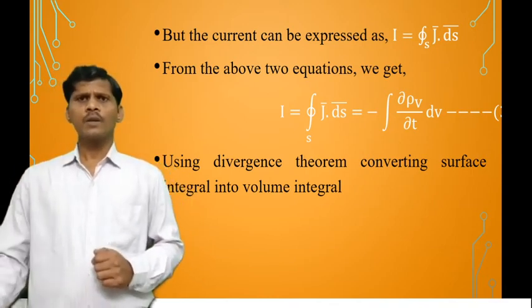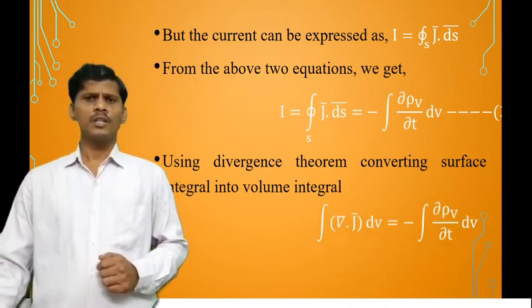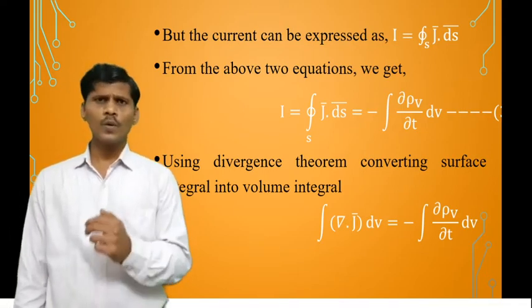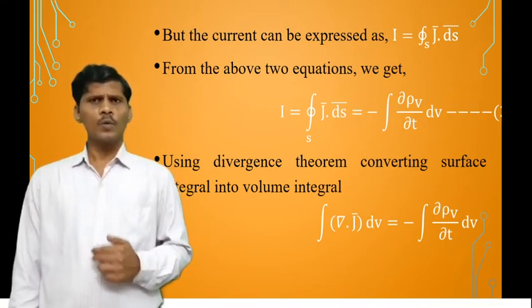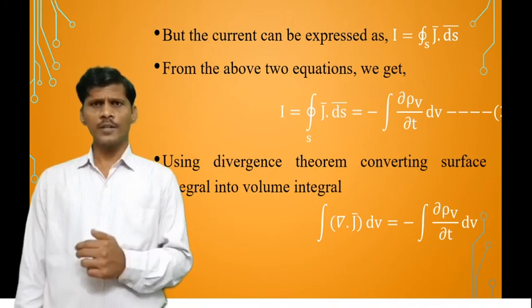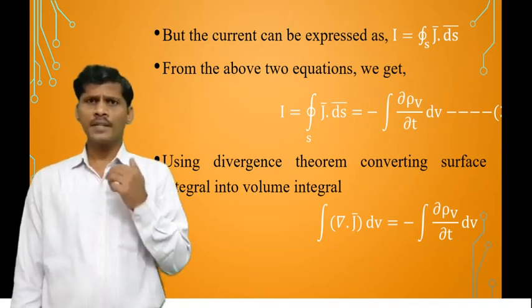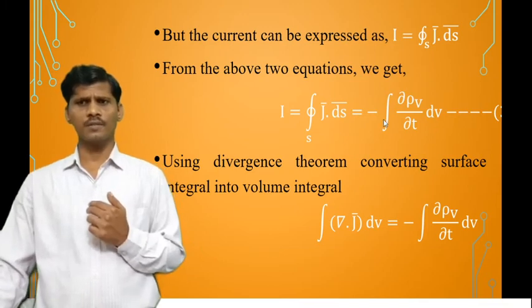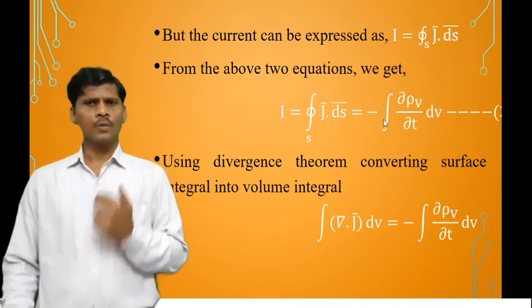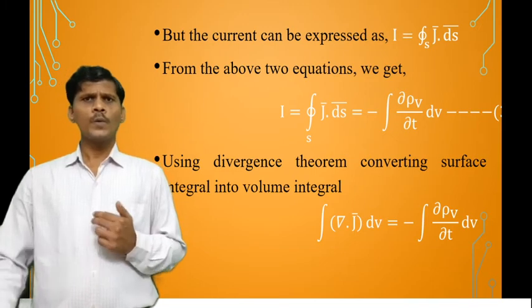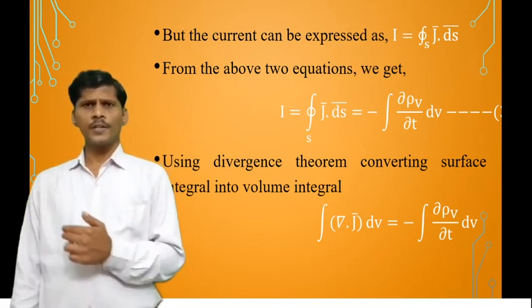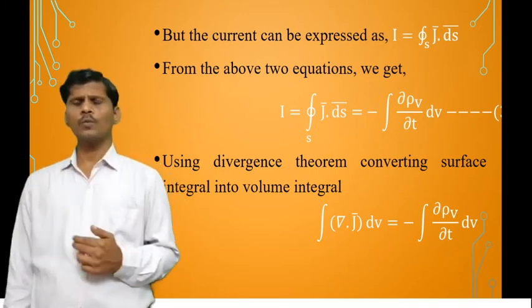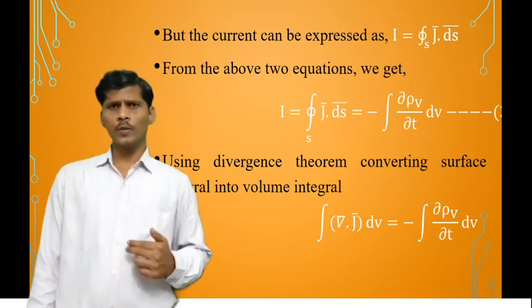So the closed surface integral of j bar dot ds bar is equal to the open volume integral of del dot j bar into dv. Applying the divergence theorem into this expression, we have the open volume integral of del dot j bar into dv is equal to minus the open volume integral of dou rho v by dou t into dv.